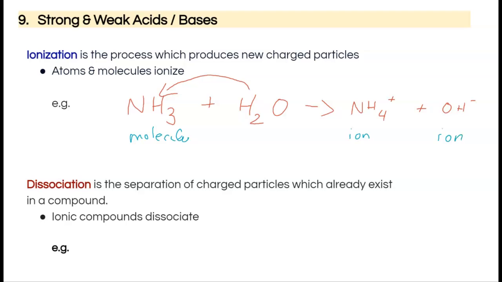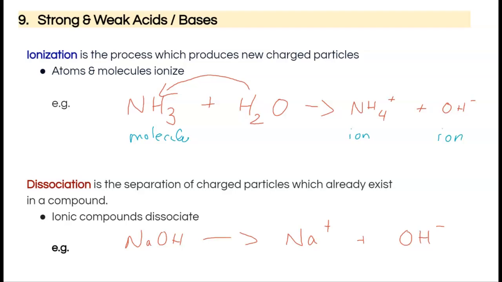Now I want to juxtapose this to dissociation, where we have the separation of charged particles, where those cations and anions already exist in that compound. So we would say that ionic compounds dissociate. So for instance, if I had sodium hydroxide, that is an ionic compound, and so we would say that it dissociates into sodium cations and hydroxide anions.